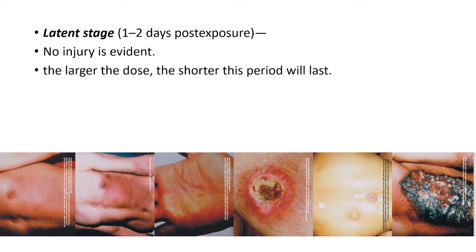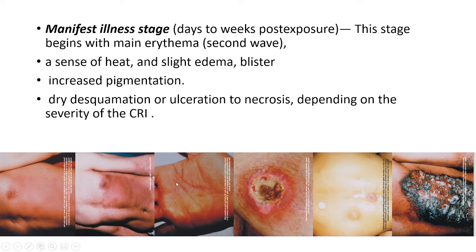Then moving on to the latent phase, which appears 1 to 2 days after exposure. The patient is asymptomatic in this phase, but basically has abnormal laboratory findings with lymphopenia and neutropenia. Moving on to the manifest illness phase, which is the main illness phase, it appears days to weeks after exposure.